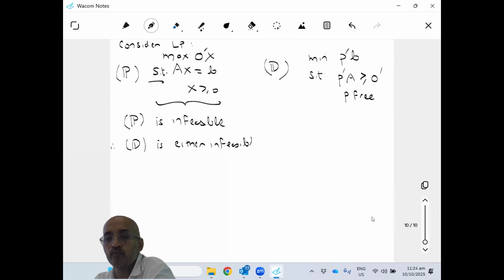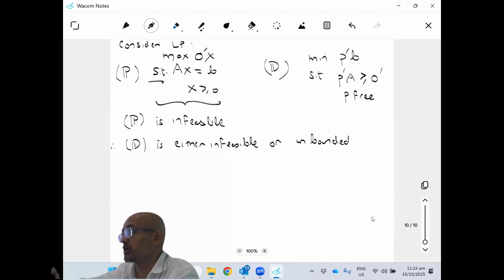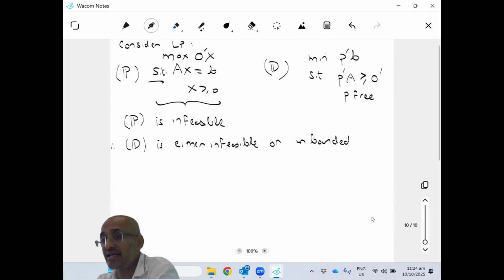This is what we got from strong duality and weak duality earlier. But clearly, this dual is not infeasible. Why? Simply put, P equal to 0 is a feasible solution for this problem.